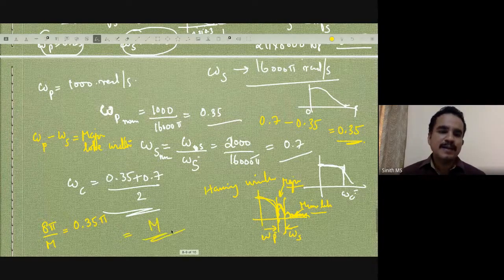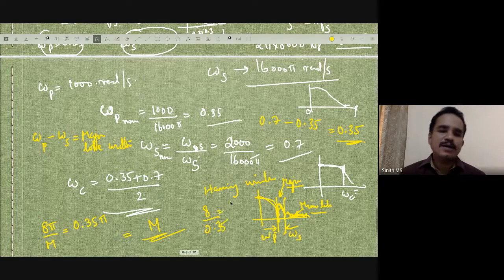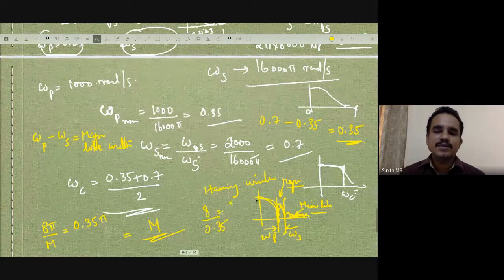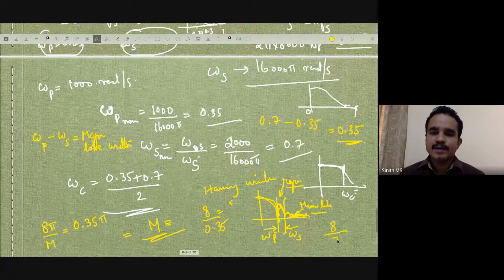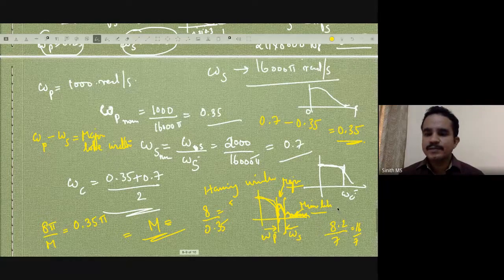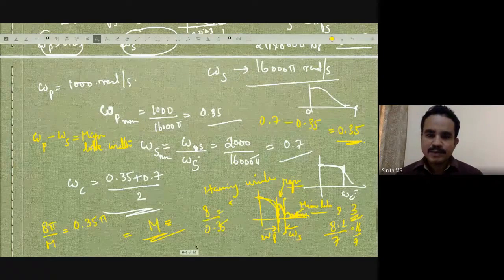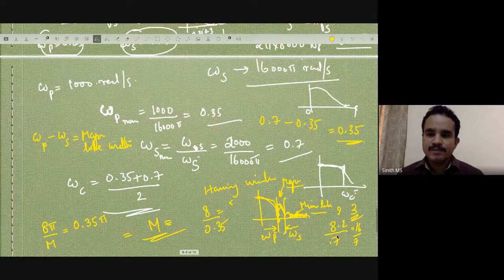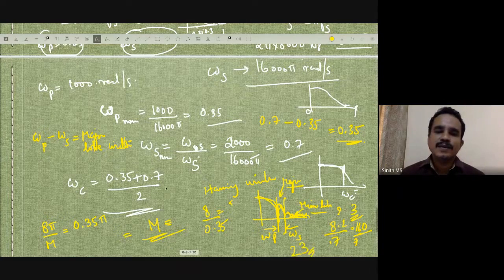From this you can get M. In this case M will be 8 by 0.35, and you approximate to the nearest integer. Approximately 23, so capital M is 23.